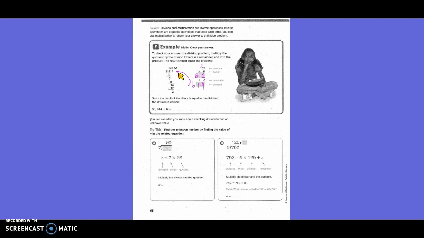So 614 divided by 6 is... You can use what you know about checking division to find its unknown value.